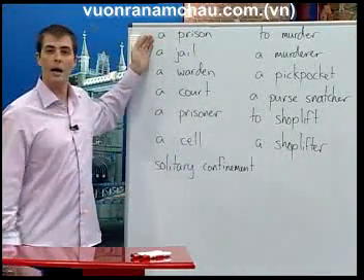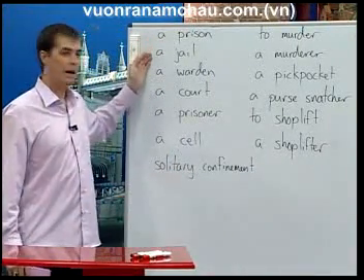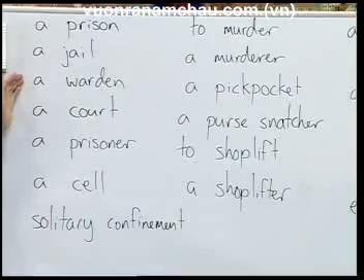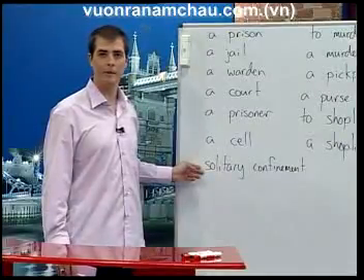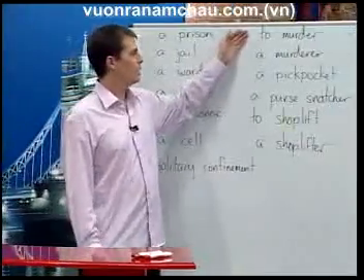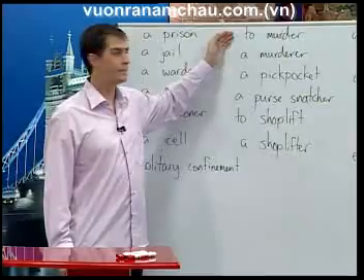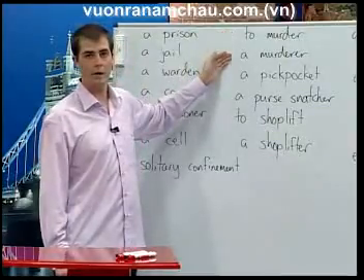First we have a prison, a jail, a warden, a court, a prisoner, and a cell. There we have solitary confinement. The verb to murder, and the person, a murderer.